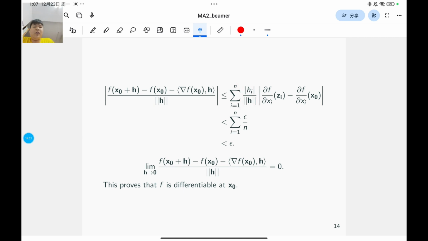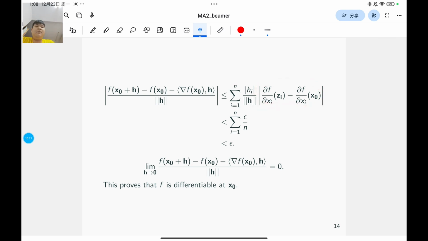Why? Because we can consider the two-dimensional h. The length of h is equal to the square root of h1 squared plus h2 squared, and this is greater than or equal to each of the absolute values of h1 or h2. So the absolute value of hi over the length of h must be less than 1, and the other factor is less than epsilon over n.